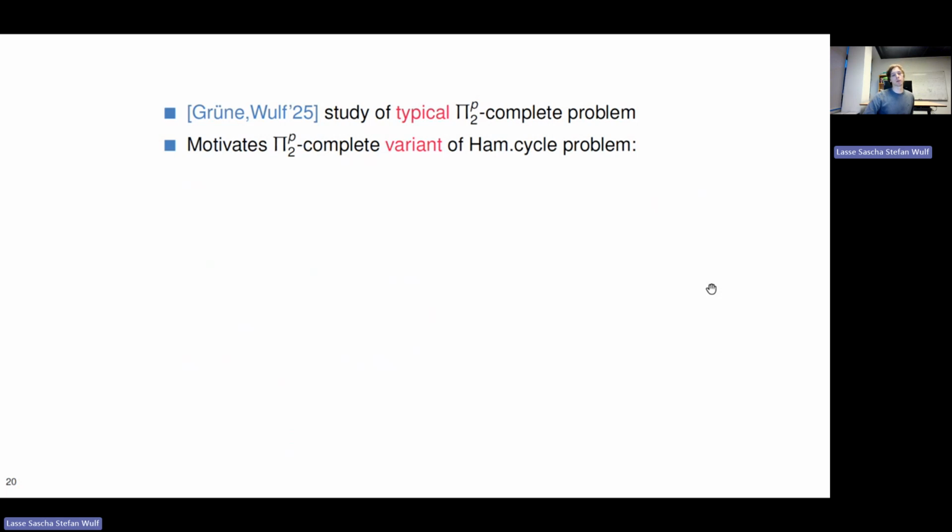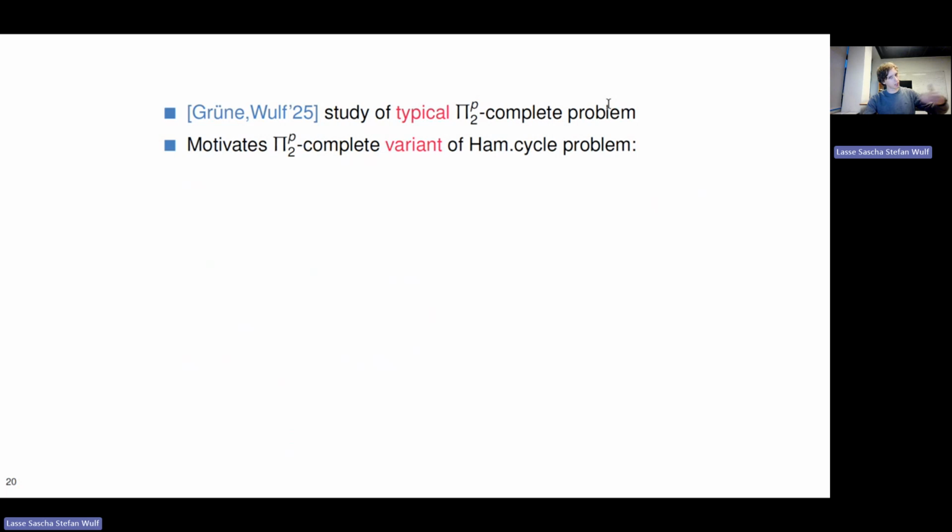And the second ingredient of our reduction is that I, together with Christoph Grüner, and based on earlier work of Berit Johannes and Jim Orlin, studied the structure of a typical sigma-2 complete problem. And by our study, we were motivated to look at the variant of the Hamiltonian cycle problem, which is sigma-2 complete.